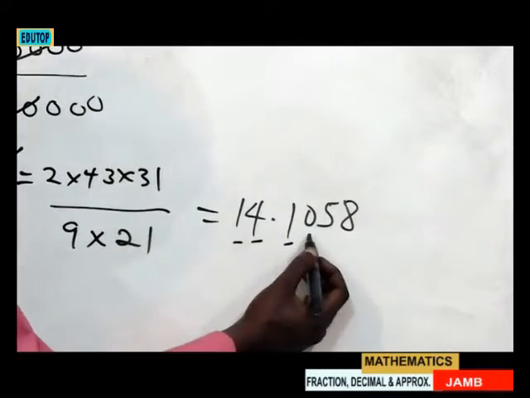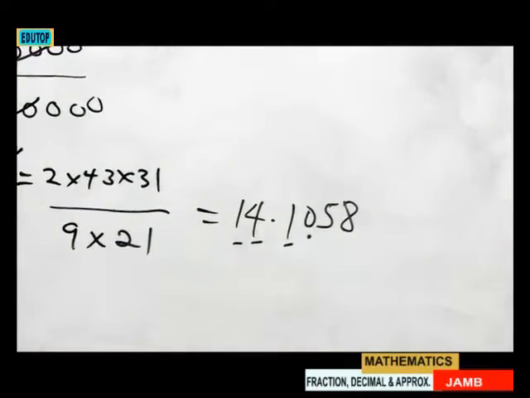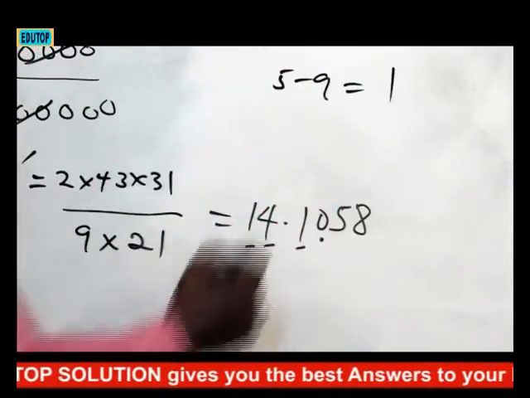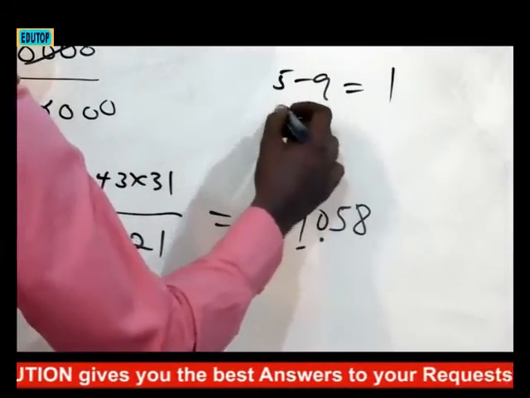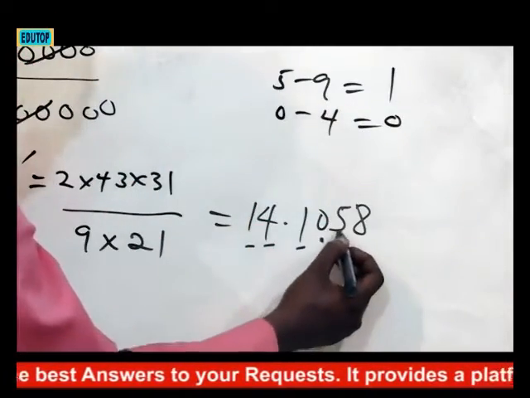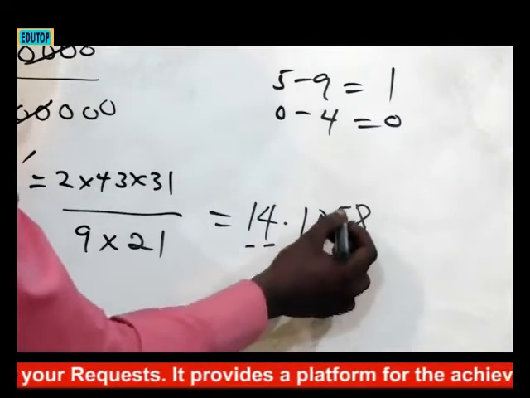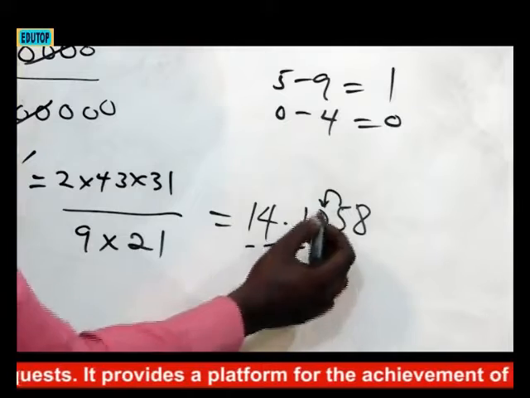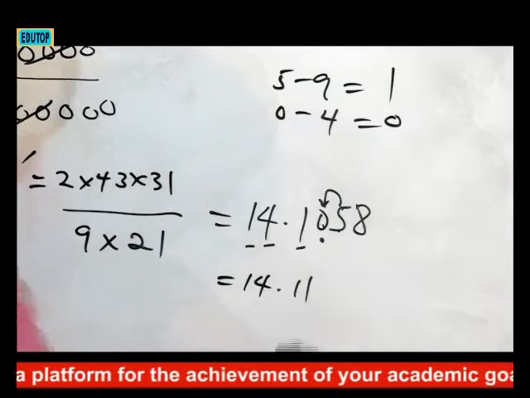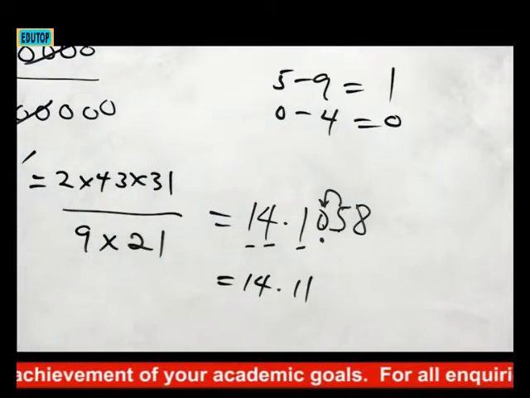Since the number next to the fourth is 5, and from 5 to 9 we round up, while from 0 to 4 we round down, we round up. So 1 comes to this place, 1 plus 1, and 1 plus 0, giving 14.11. So this is to 4 significant figures.